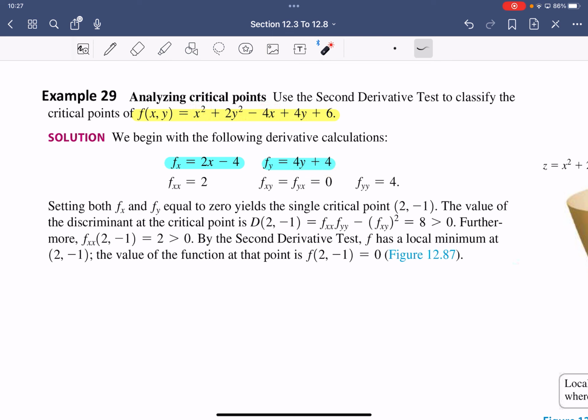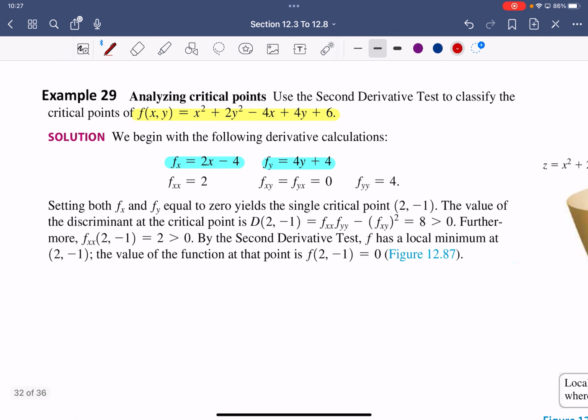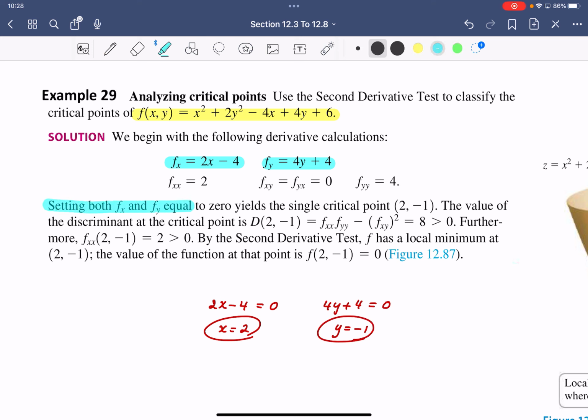Now you solve this system of equations. Technically, you have to solve this first for the critical point. So you solve 2x minus 4 equal to 0 and 4y plus 4 equal to 0 at the same time. You get x equal to 2, y equal to negative 1. So this is your critical point.